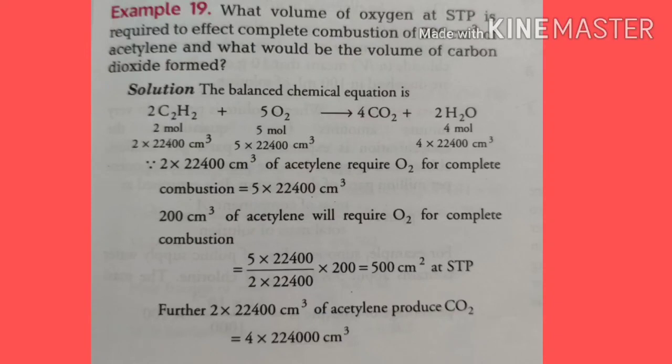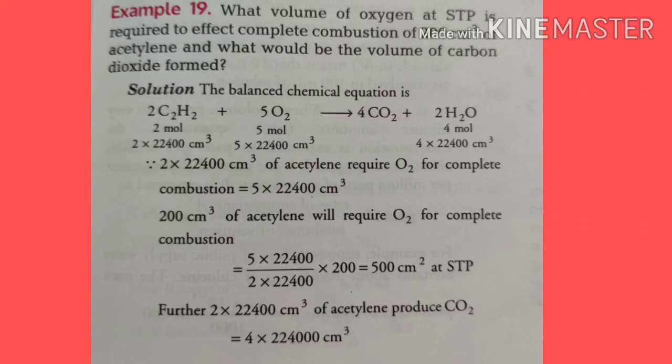Now we use the unitary method to calculate it. Now 2 into 22,400 cc of acetylene requires oxygen for complete combustion equal to 5 into 22,400 cc. Now 200 cc of acetylene will require oxygen for complete combustion equal to 5 into 22,400 divided by 2 into 22,400 into 200, which is equal to 500 cc at STP.